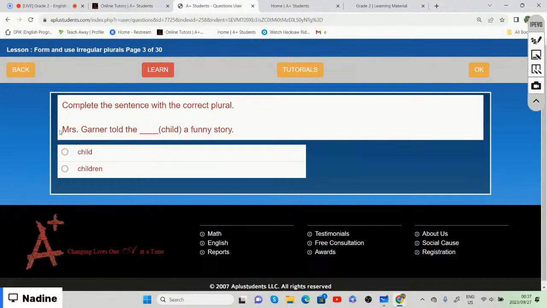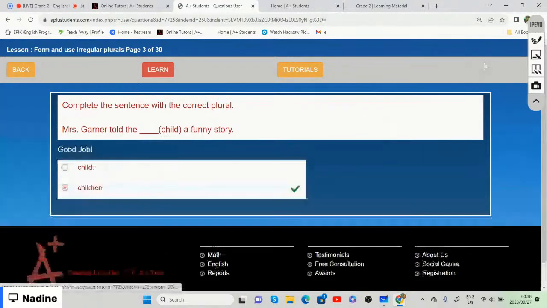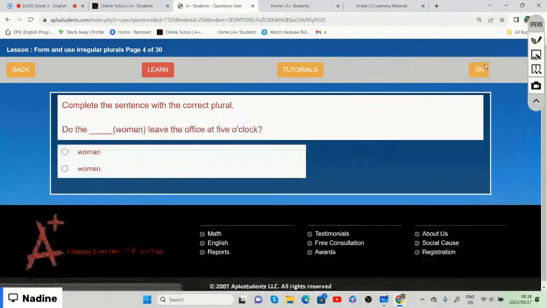All right, so if we select the child, and the plural of child, we will say it is children. So children is the plural of child.